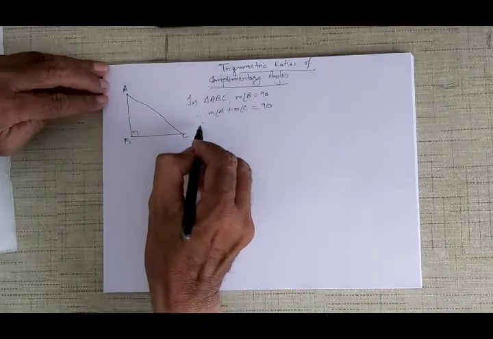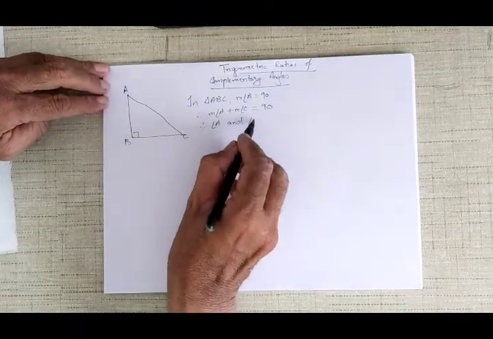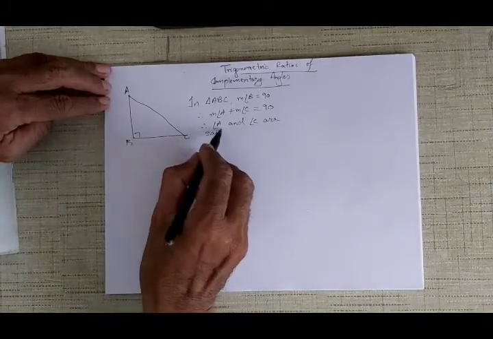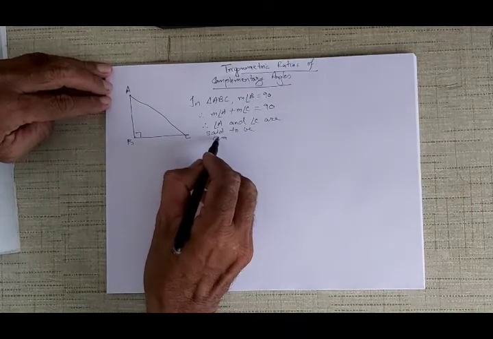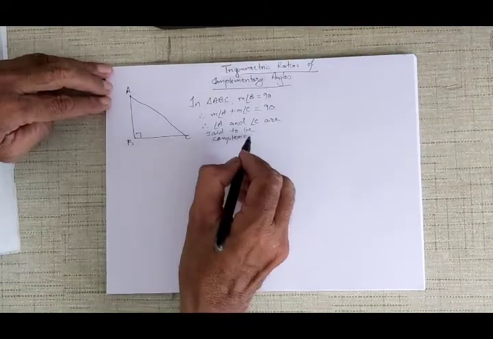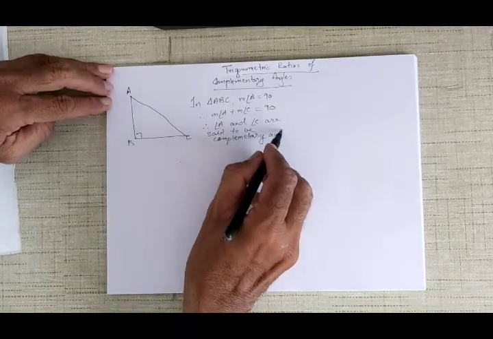So therefore angle A and angle C are said to be complementary angles, a pair of complementary angles. What is a pair of complementary angles?